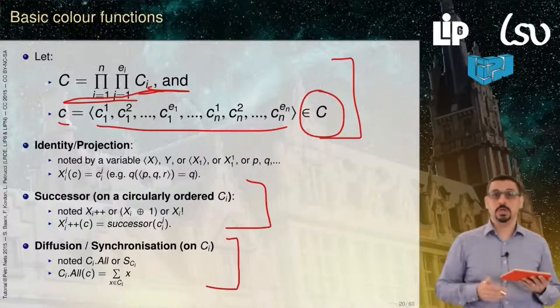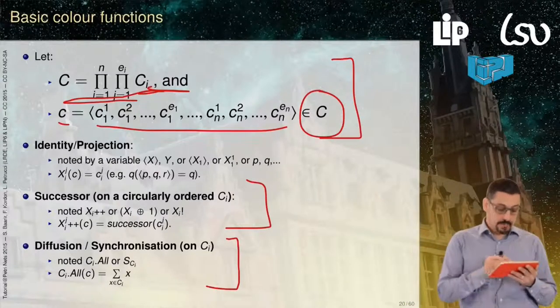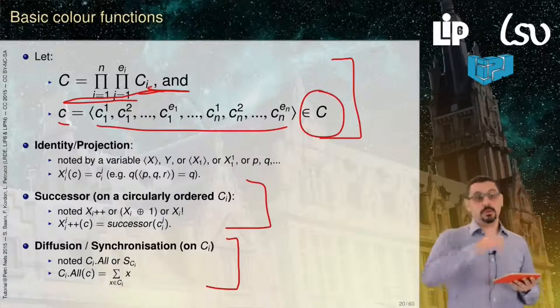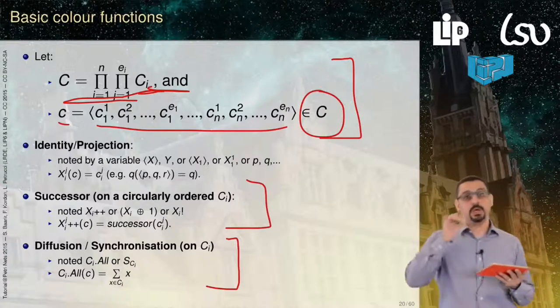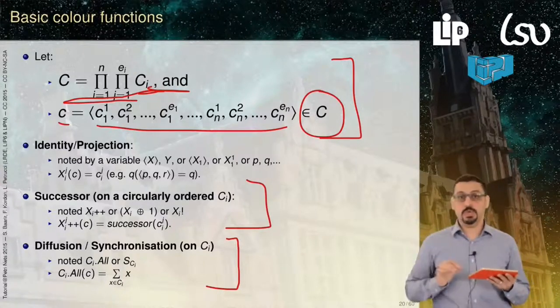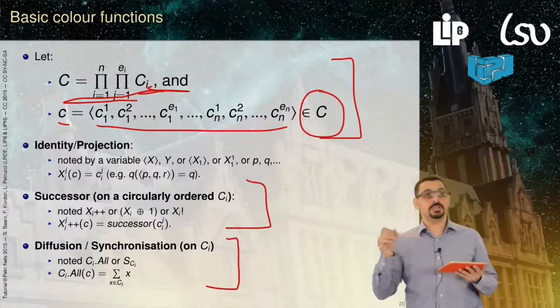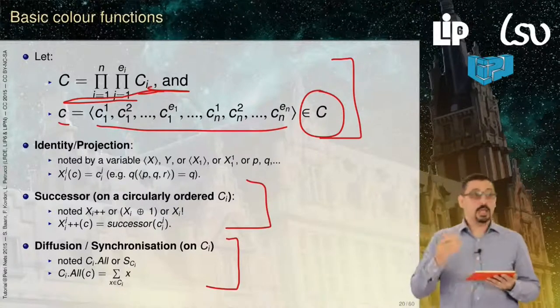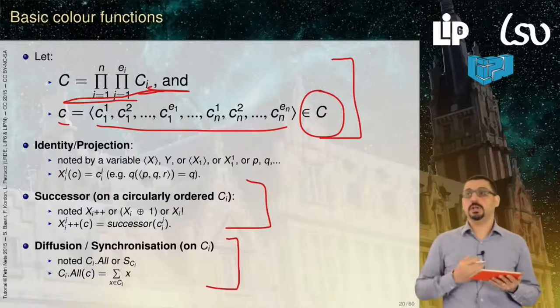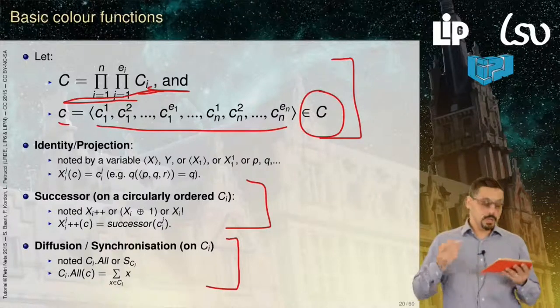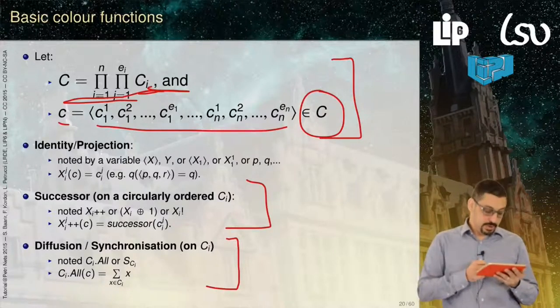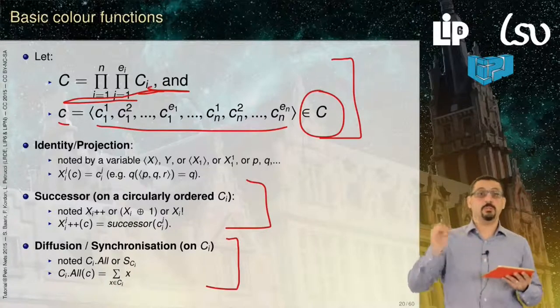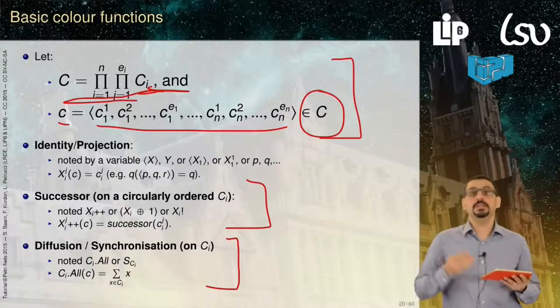This is allowed also. So in this case, you will have some tokens of the form small c1, small c2, and small c1, if it is C1 cross C2 cross C1. And for these colors, you can manipulate them with these three functions. For the identity, we take the projection on the needed class.